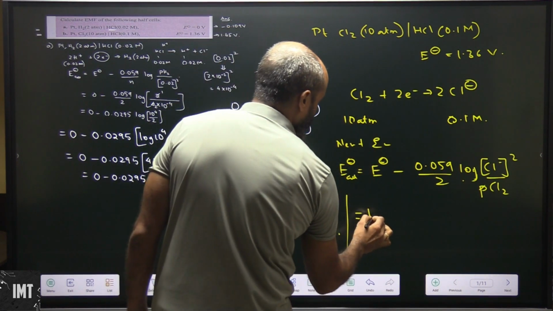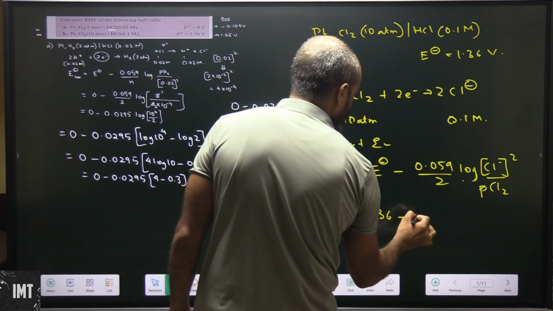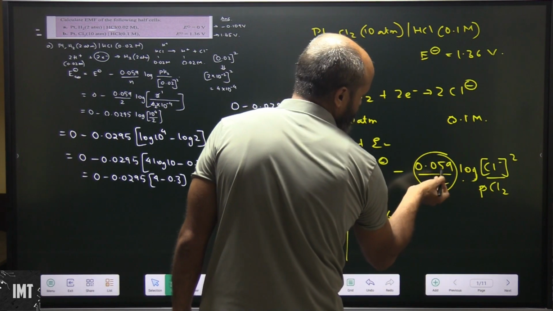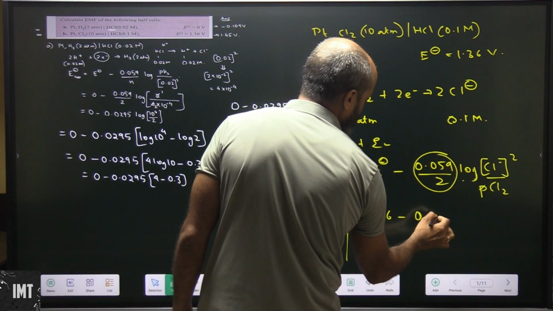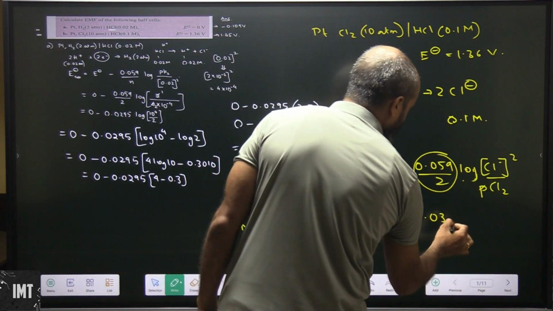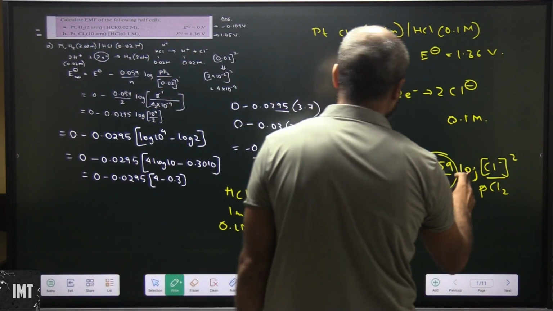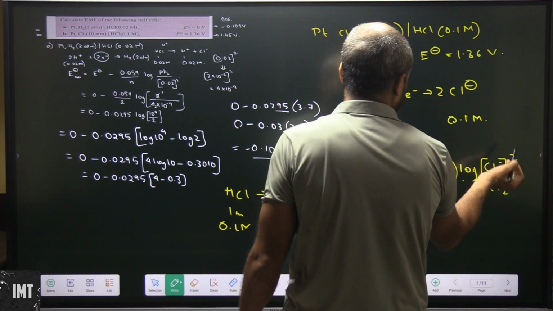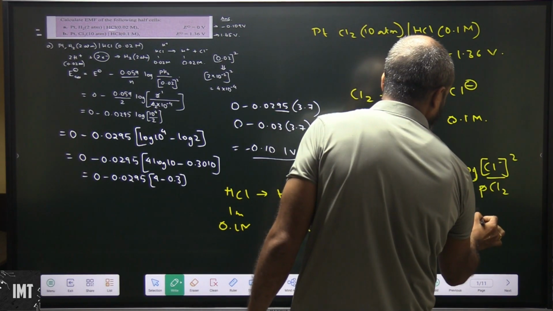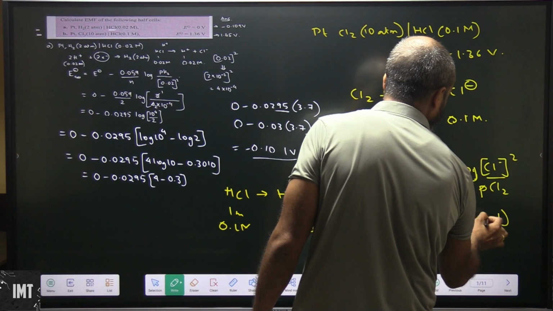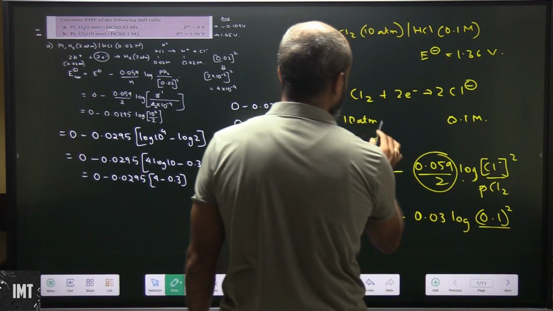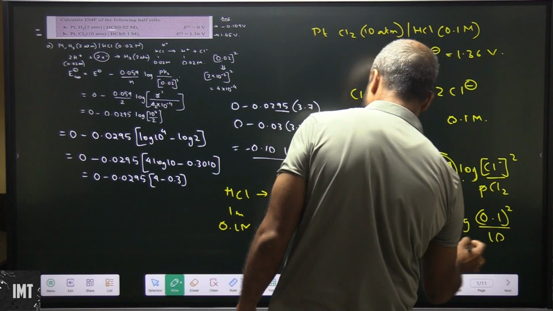Nernst equation applying, 1.36 minus, again this can be done as 0.06, so we can take this as 0.03 log of chlorine raised to minus 2, chlorine we have here as 0.1, so this will be 0.1 squared upon pressure, that is how much? 10, pressure is 10.